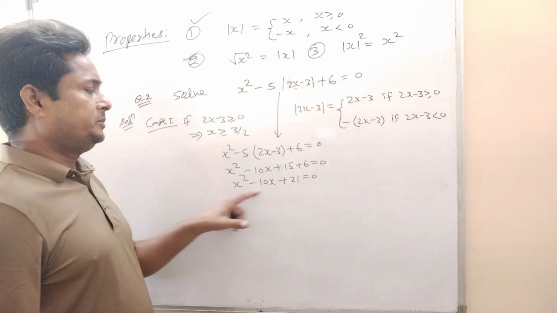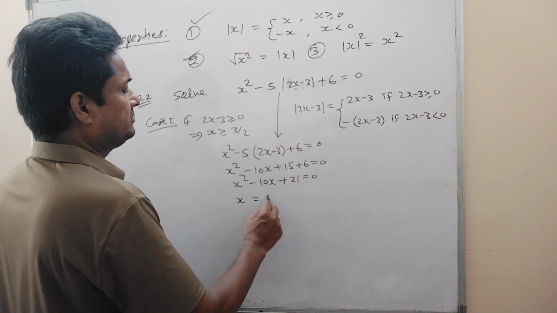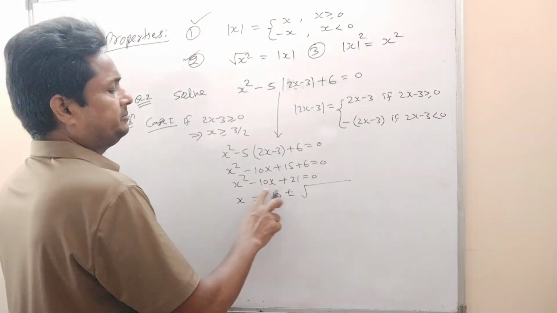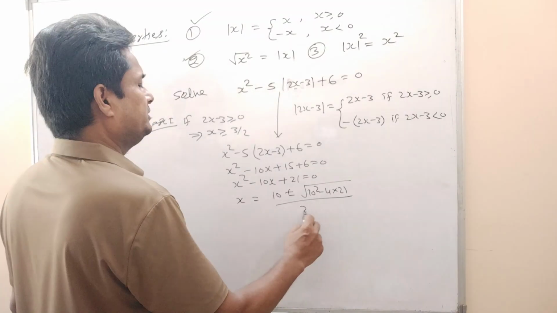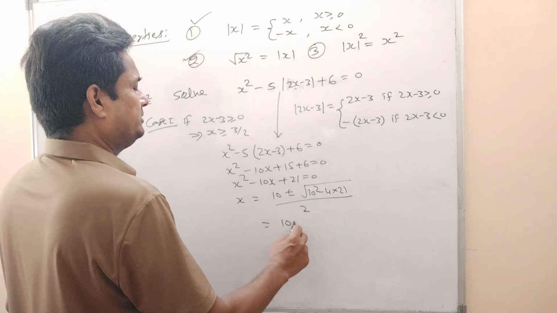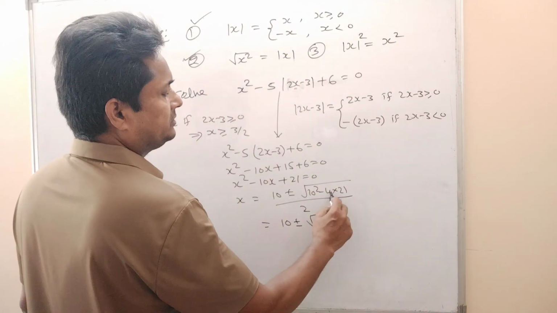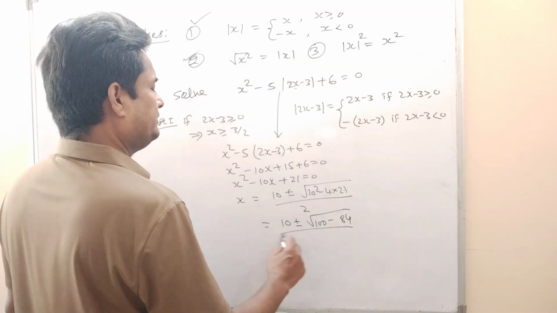Now solve this expression by using the discriminant method: minus b plus minus under root b square minus 4ac, divided by 2. So this is 10 plus minus root of 100 minus 84, divided by 2.